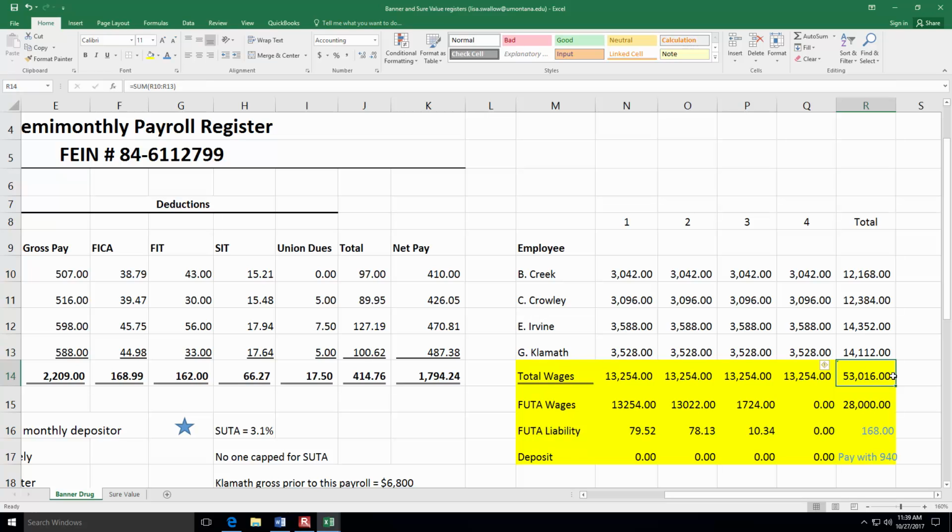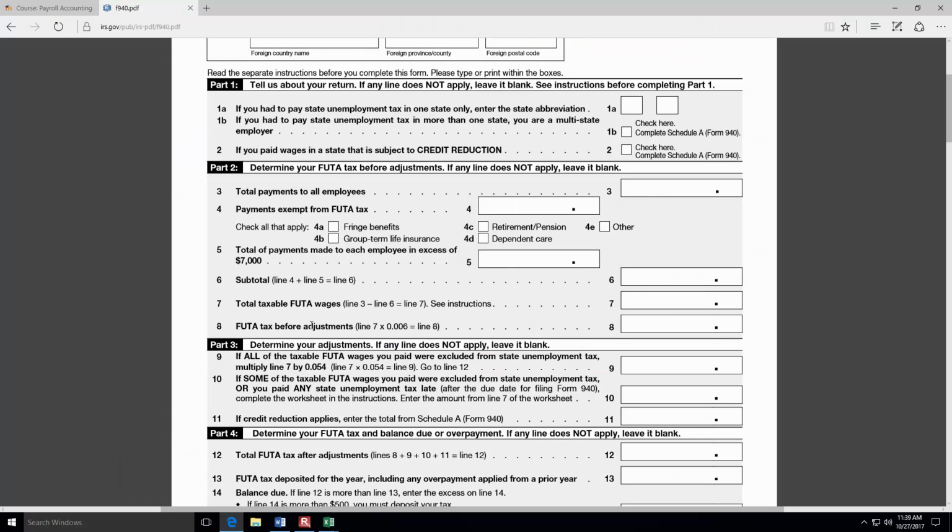Then we're going to kind of back up into the next number. So of that $53,016, how much of it is actually taxable for FUTA? Just the what? 28,000. So that goes on line 7. Total taxable FUTA wages, 28,000.